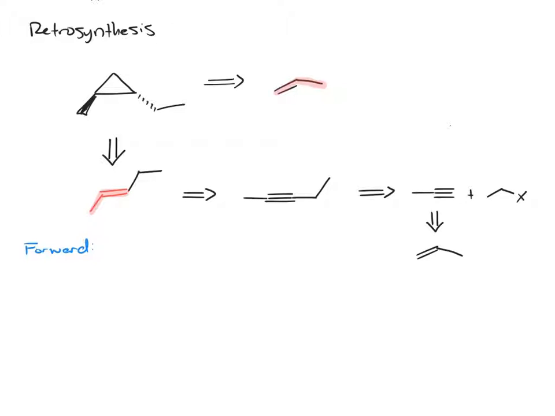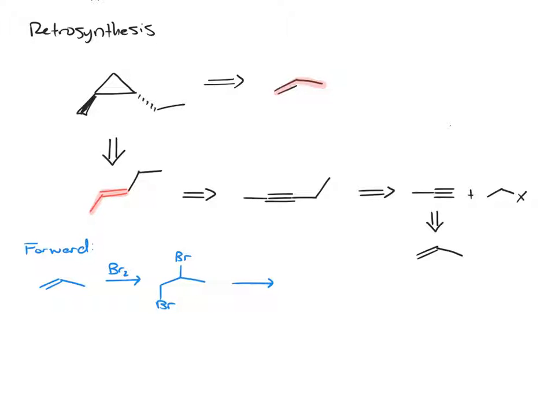Let's start with our alkene. Okay, in order to convert this to the alkyne, we need to do the two-step halogenation and elimination. So let's halogenate this first. We'll just add bromine. And that gives us the dibromoalkane. You'll remember this reaction from lab.